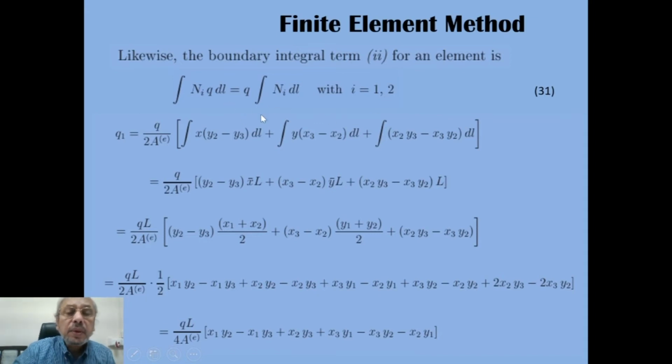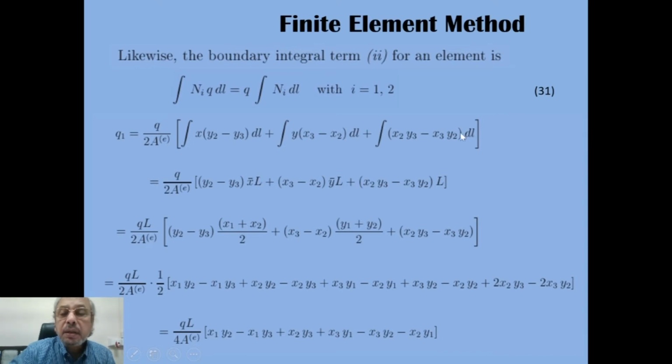Then we write N1 as the shape function, and as usual 2 times the area is in the denominator, that is the determinant of the matrix. We are taking it outside the bracket.